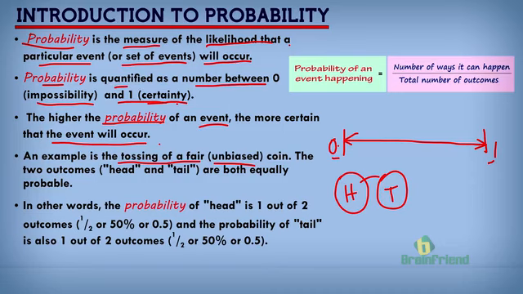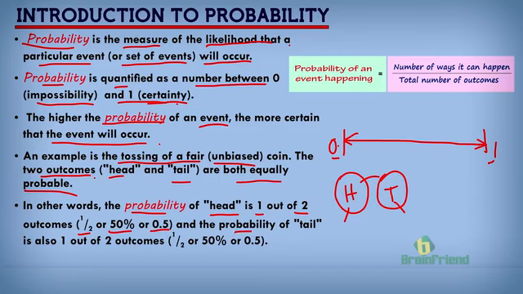Now, if that coin is tossed, there are only 2 possible outcomes. Either you have a head or you have a tail. So the head and the tail are both equally probable. In other words, the probability of the head is 1 out of 2 possible outcomes. That is, it's half, or you may say 50%, or you may say 0.5.